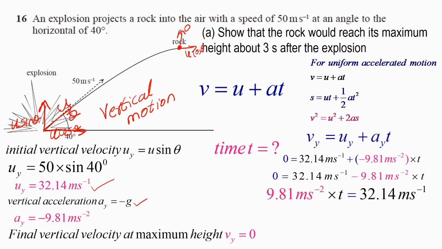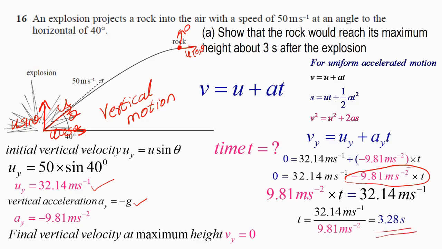Taking the negative term to the left hand side, it becomes positive: 9.81 into t equals 32.14. Then t equals 32.14 divided by 9.81, which is 3.18 seconds.